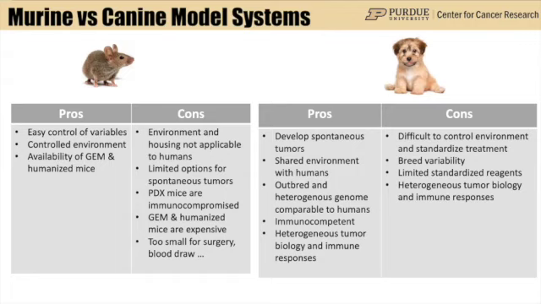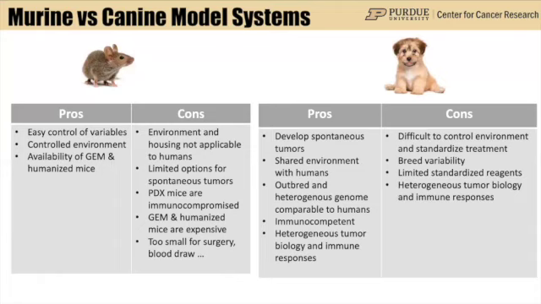Some of the cons, though, are that the environment and housing are not applicable to humans. These animals are kept in very controlled environments, in cages, and they don't share the same environment as their human counterparts.